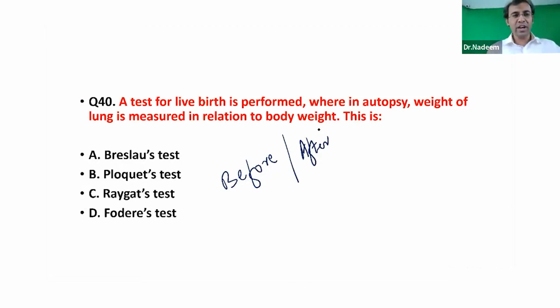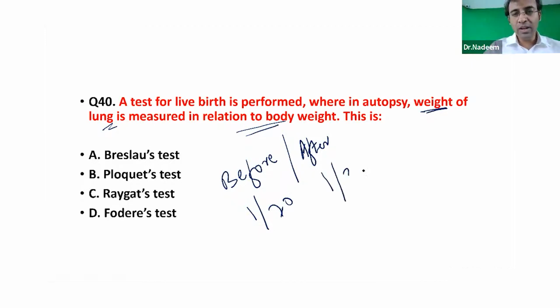Before respiration, if you check the weight of a lung in relation to the weight of the body, with no respiration and no gas, this will be approximately 1/70. But after respiration, this will become 1:35. Easy to understand. This is called the Plouquet test.